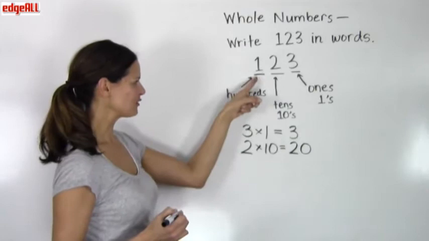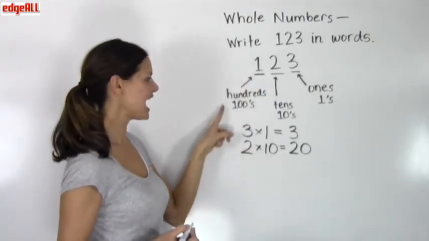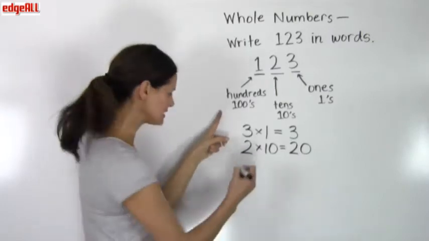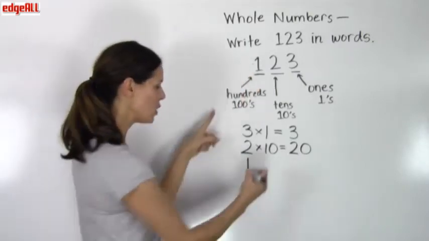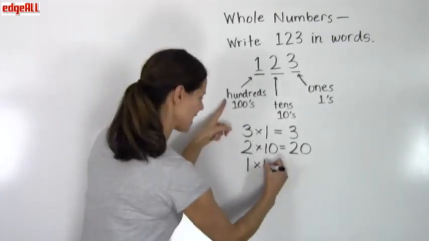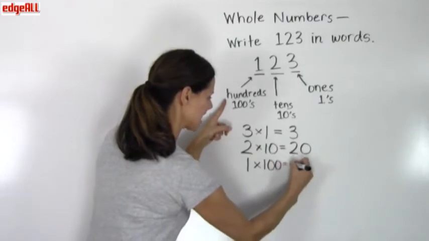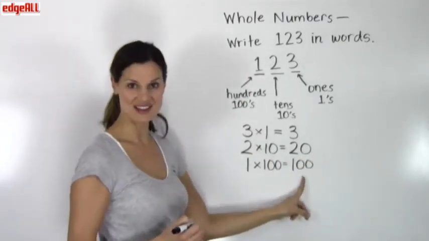Then we move over to our 1, and our 1 is in the hundreds place. To find the value of our 1, we multiply it by its place value, 100. The value of this 1 is 100.